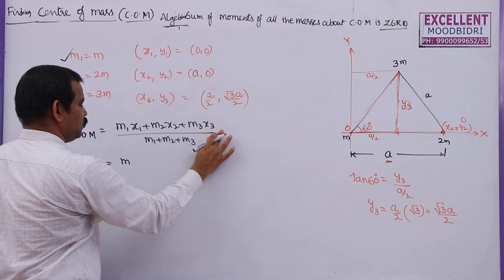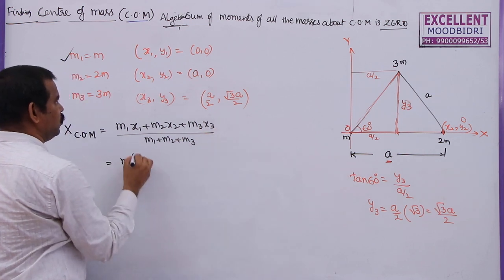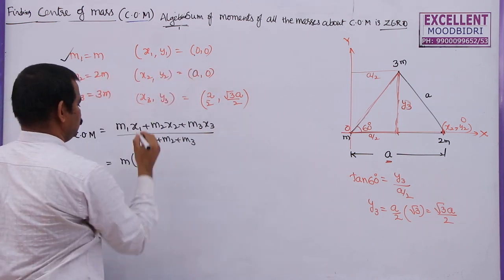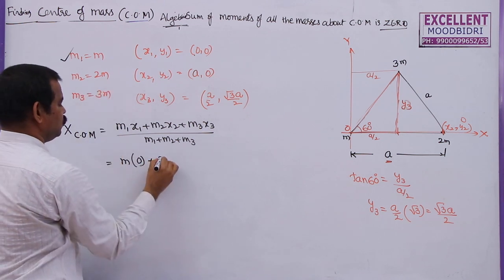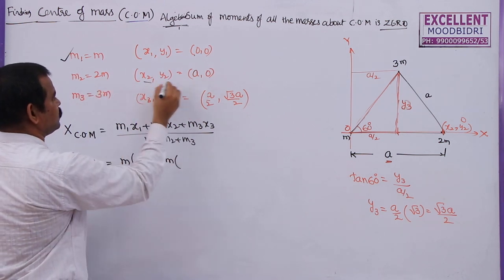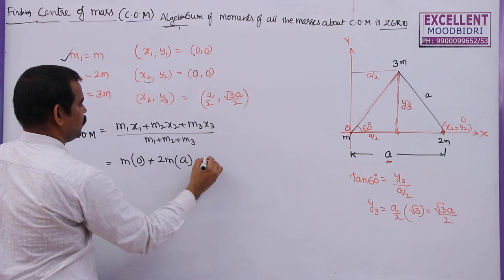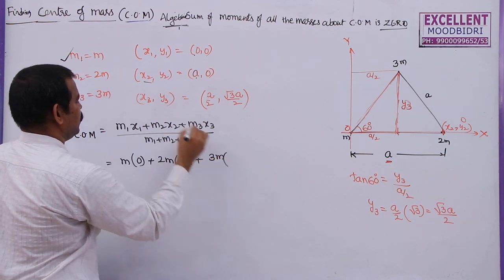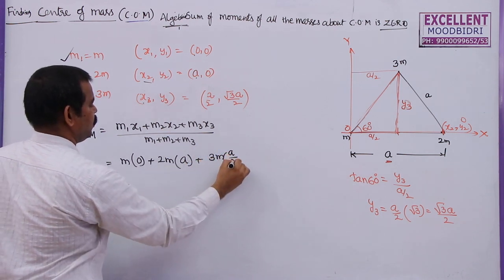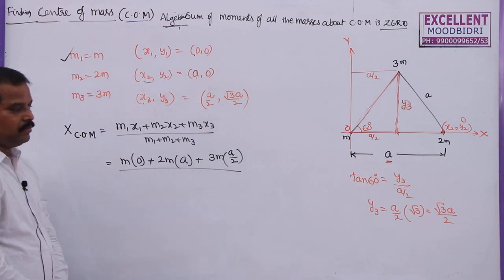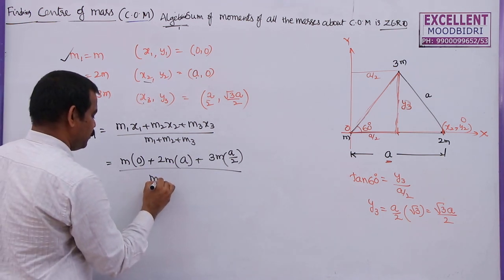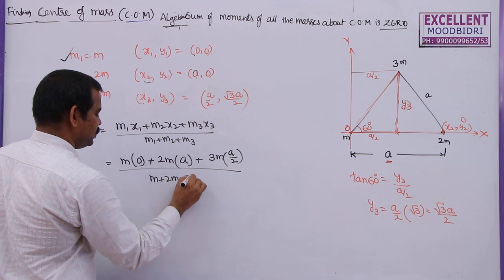This is m into x1, which is 0, plus m2 is 2m, and x2 will be a, m3 is 3m, and x3 is equal to a by 2, by the sum of the three masses, m plus 2m plus 3m.